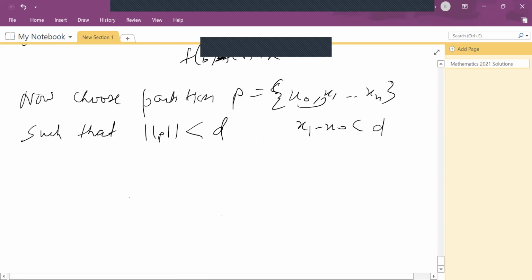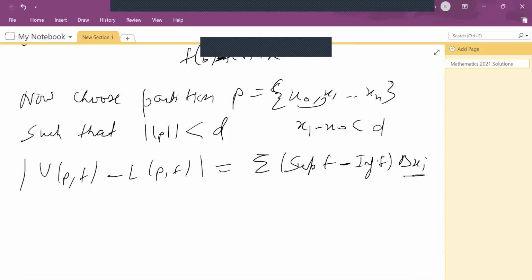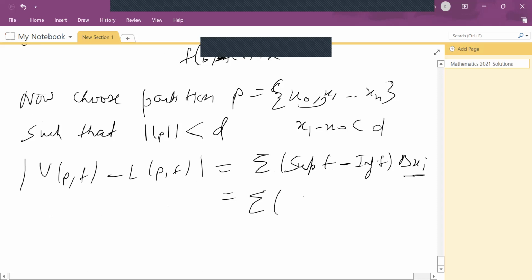Now U(P, f) minus L(P, f) equals sigma of supremum of f minus infimum of f, into delta xi. Because it is an increasing function, supremum will always be on the higher side and infimum will be on the lower side.